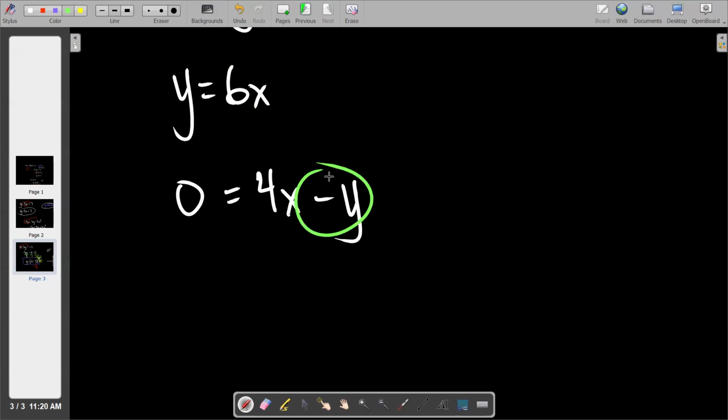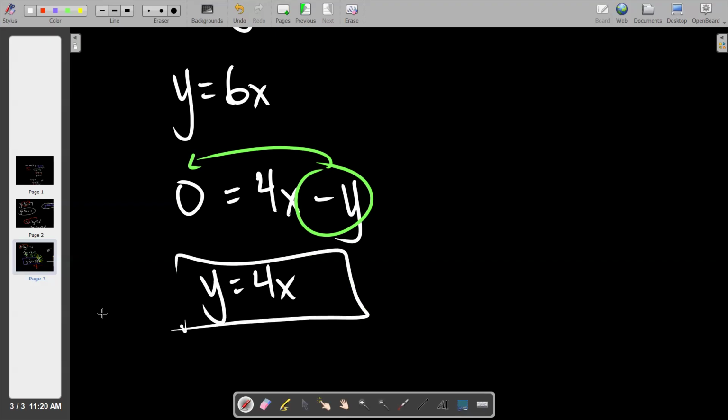So just take this y and say, not only can I move you to the left and satisfy that OCD craving to have you on the left, but I also, by moving you, get you away from the x and I make you positive. That's a win-win-win. And so then the y gets to the other side and I say y equals 4x, put a box around it. Again, if you insist, you can put the +0. Nobody needs it.